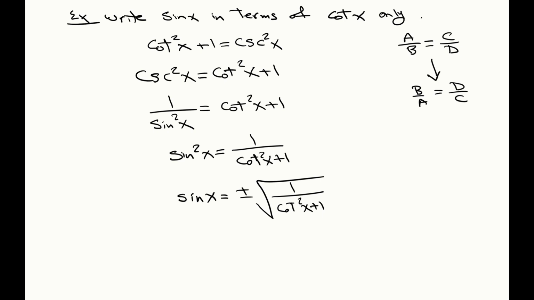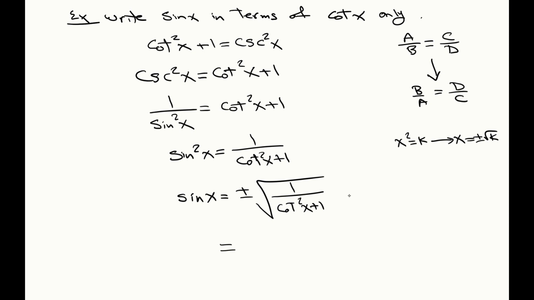And the square root property, of course, says if x squared equals k, then x must be positive or negative square root of k. So we could almost say we're done, because they wanted us to write sine and describe it in terms of nothing but cotangent. But as you know, this is going to involve a square root in the denominator, and we usually like to rationalize such denominators.